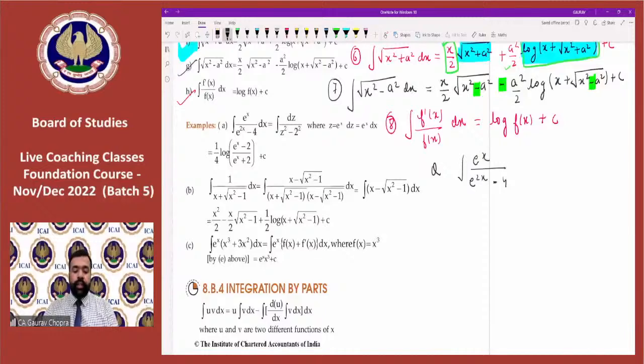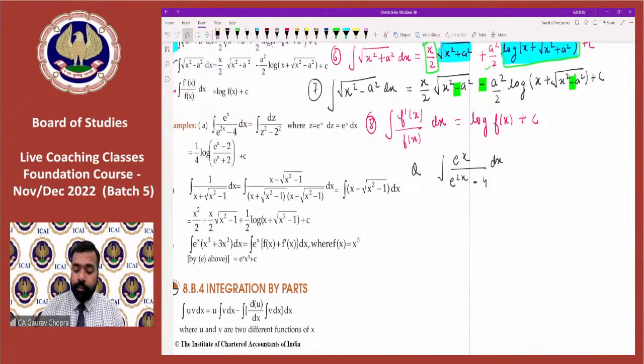So in denominator, we can see that it is e to the power of x, whole squared, and 4 can be written as 2 square. So in denominator, we are having x square minus a square form. But in numerator, we are getting extra e to the power of x. So how to remove that and how to apply the formula?